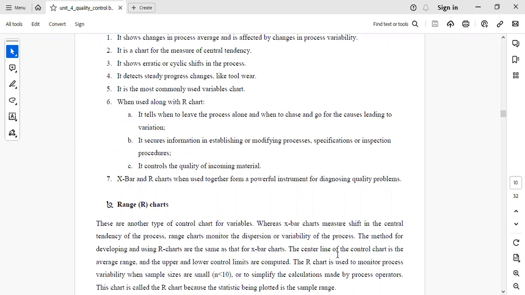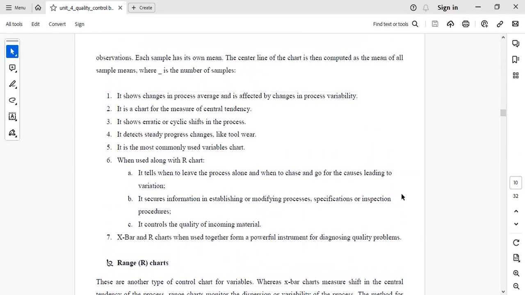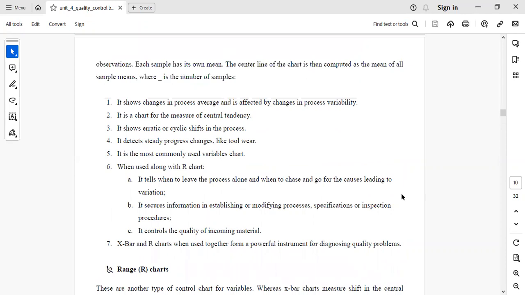Okay, sorry about that. So I was talking about what actually the X bar chart entails. We can see it shows changes in process average and is affected by changes in process variability. So this is basically what we were considering, the standard deviation. We get standard deviation from the variance.